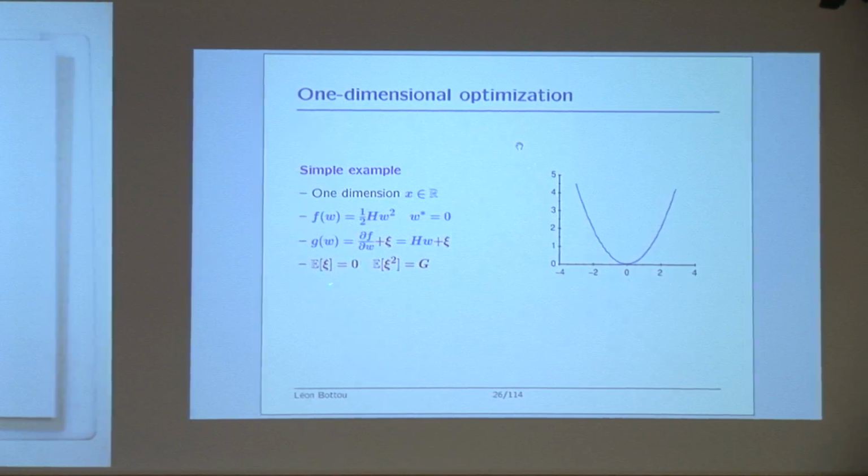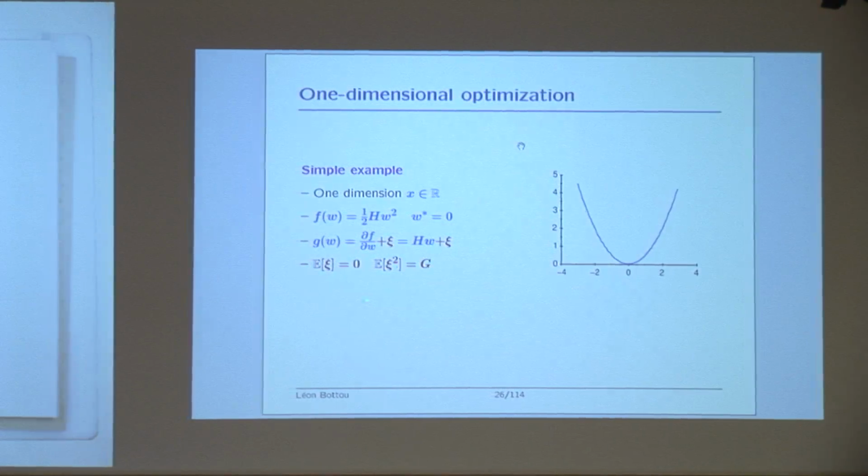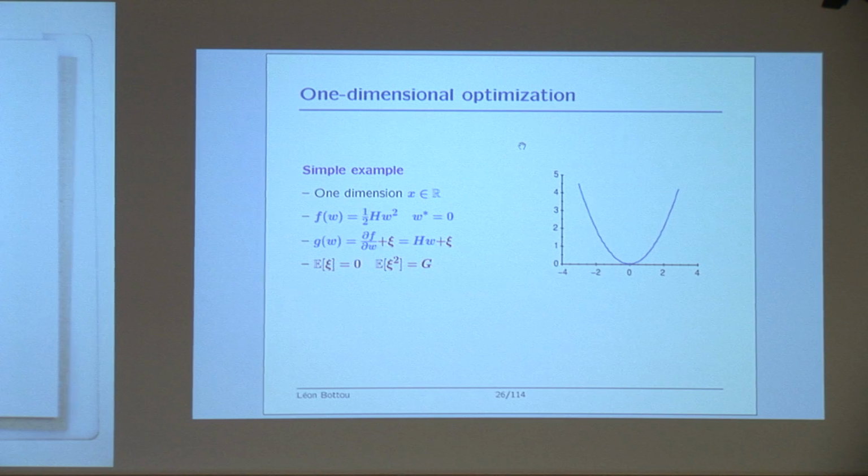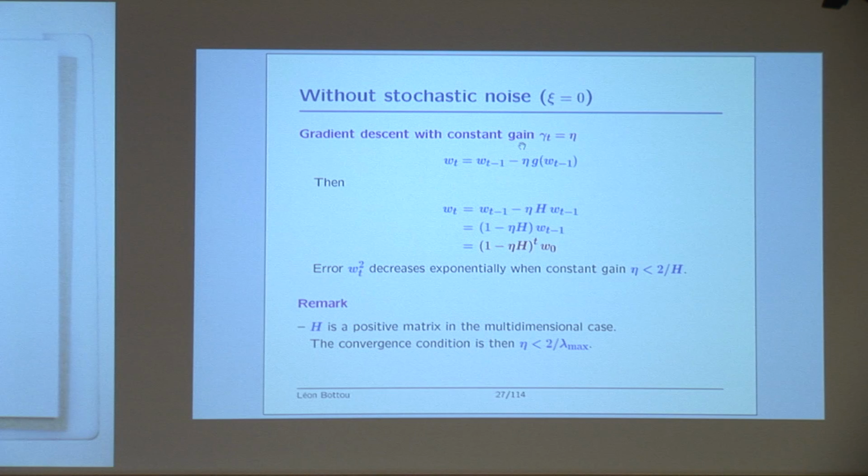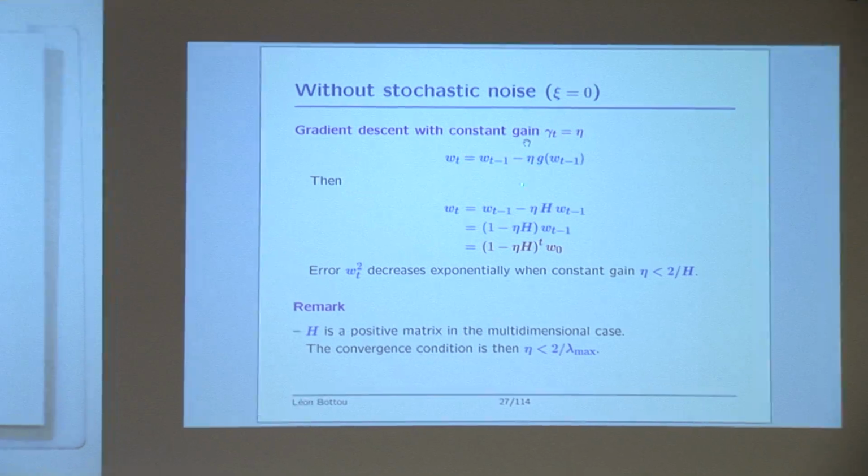The noise is going to have a mean 0 and a variance g. So first of all, when there is no noise, it's a useful comparison. Well, what we can do is gradient descent with gain gamma t equal eta constant. So wt equals wt minus 1 minus eta g.